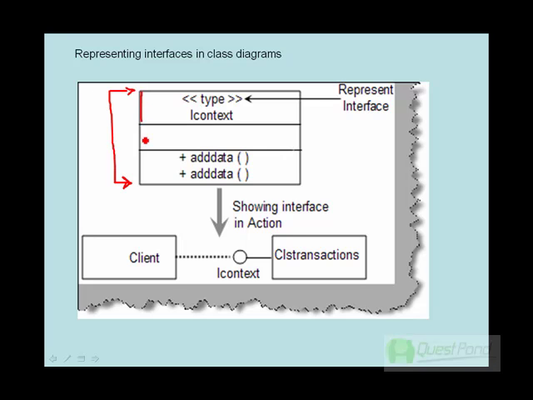So you have a simple rectangle with the three sections which we described while talking about the class diagram, the class UML notations. You then give an interface name. For example, here it is iContext, which is currently the interface name.